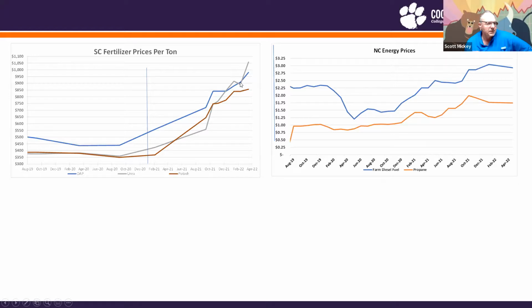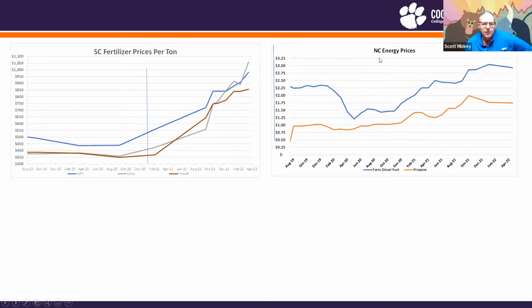Phosphorus has also increased from about $900. It's just under $1,000 a ton as of the middle of March. And potash has kind of leveled off, but it's still $850. When you go back to this time last year, you can see where that doubling has occurred. It's just a different environment today than what we were looking at just a year ago.